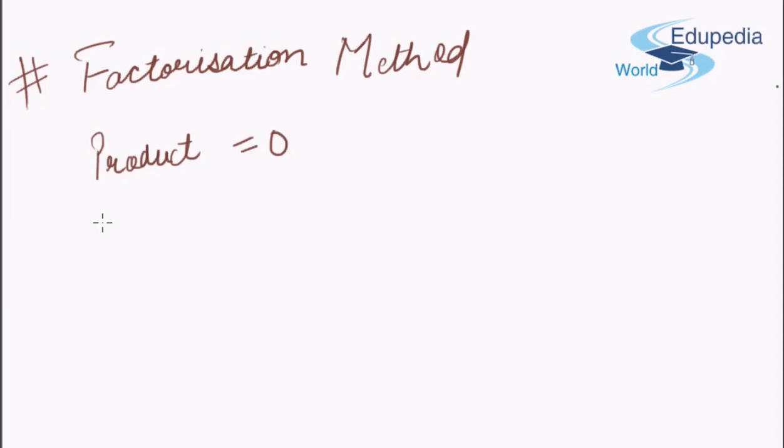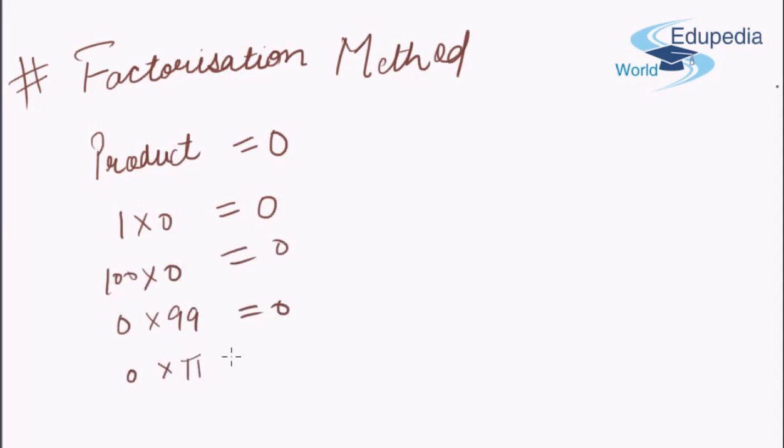Friends, we know 1 multiplied by 0 is 0. 100 multiplied by 0 is again 0. 0 into 99 is again 0, and 0 into pi is nothing but 0.